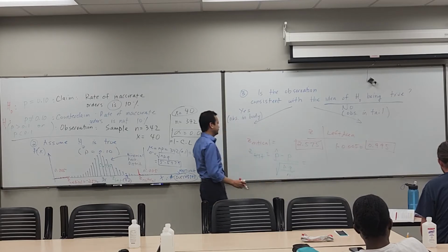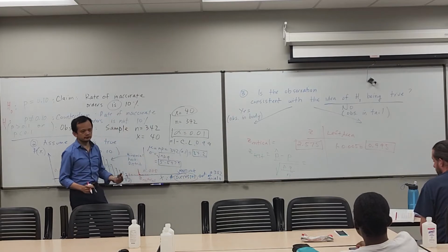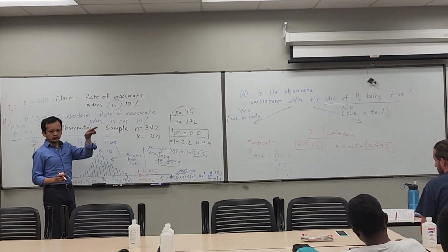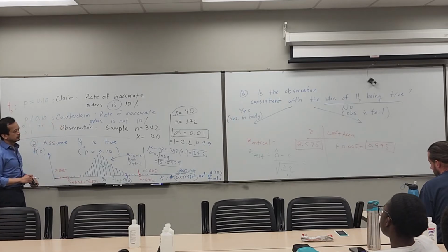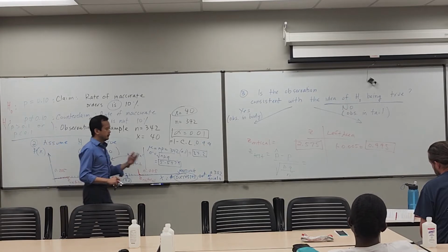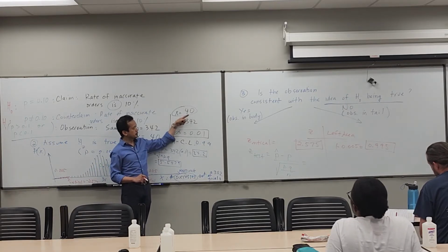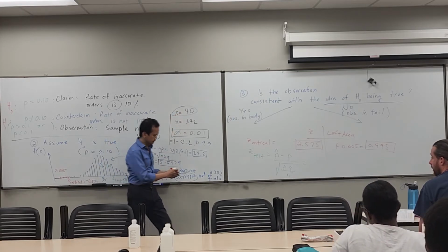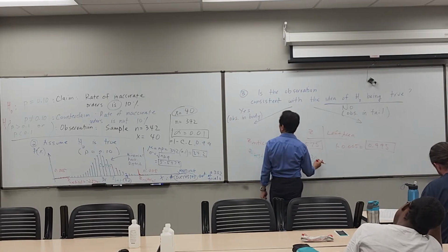Okay, so this is the book formula. So it's p hat. P hat is the sample proportion of success. The hat over it should tell you it's part of the sample. So what's that? 40 divided by 342. You're good. So it's a proportion of success. So the number of successes is 40, but the proportion is 40 divided by the 342.